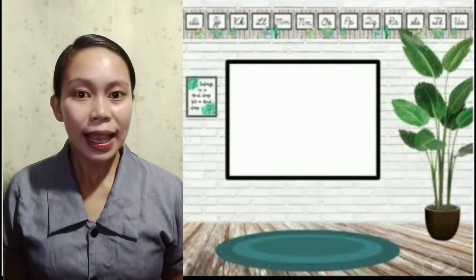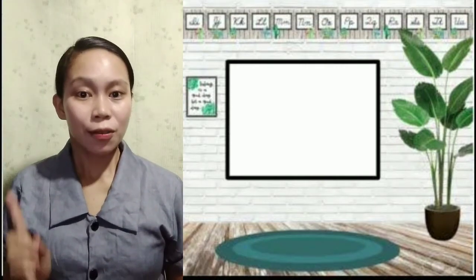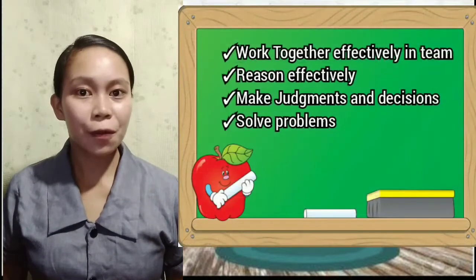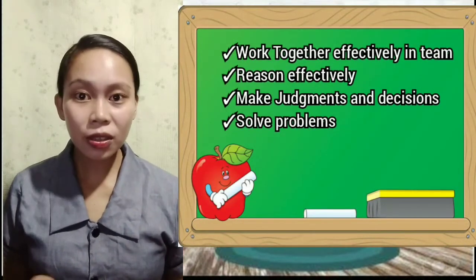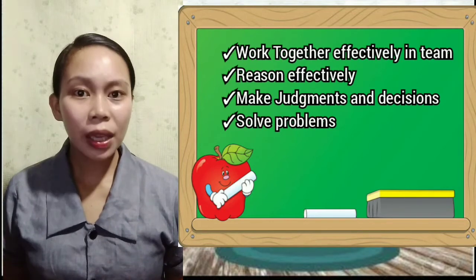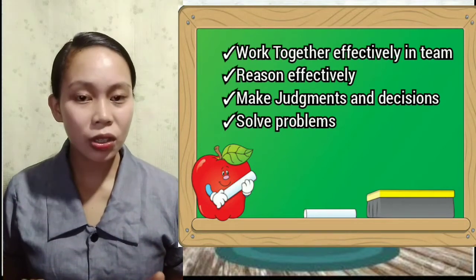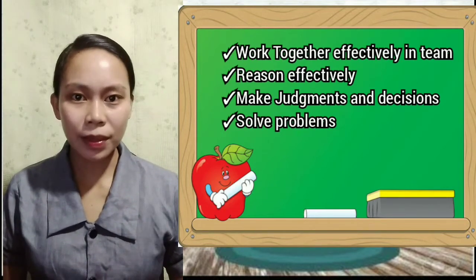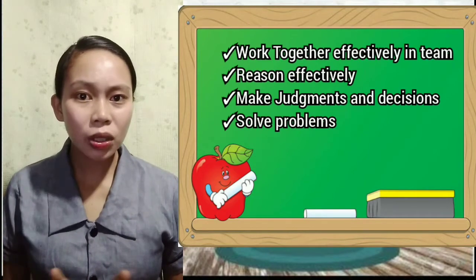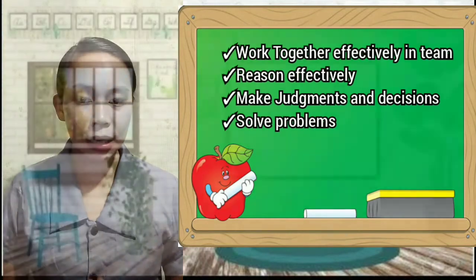So students need to know how to first work together effectively in a team, reason effectively, make judgments and decisions, and solve problems. So what do you mean by working together effectively in a team?